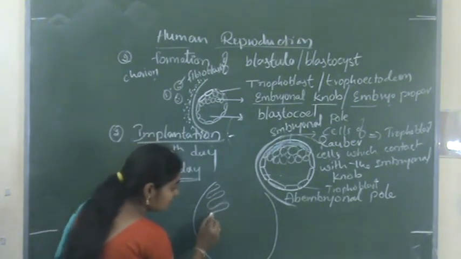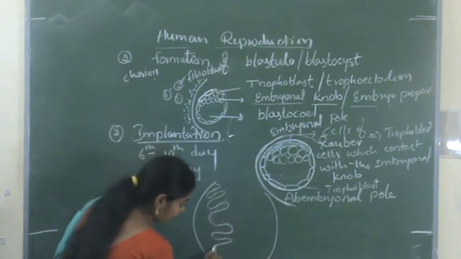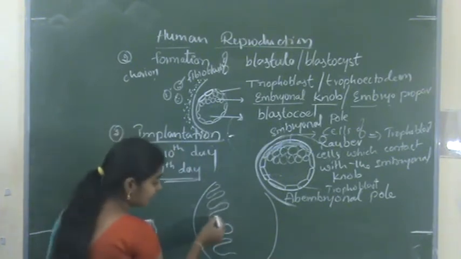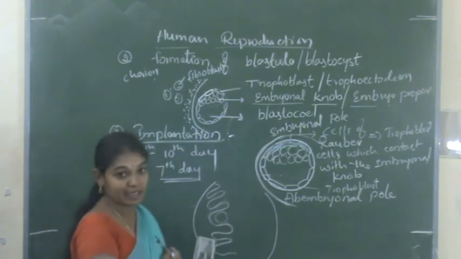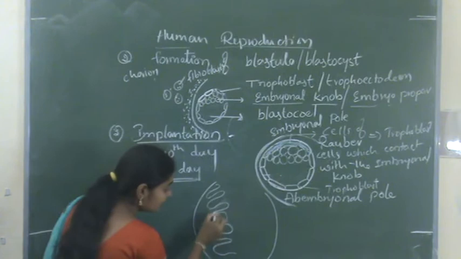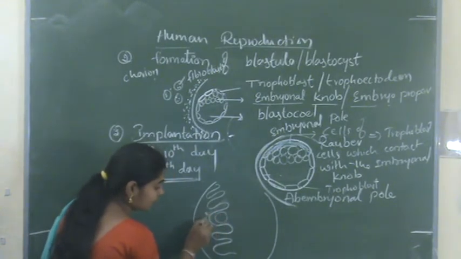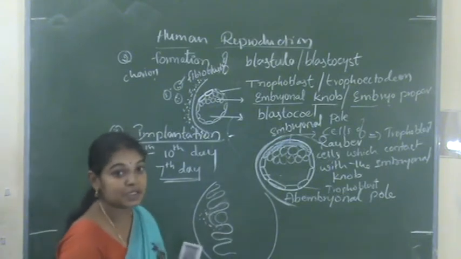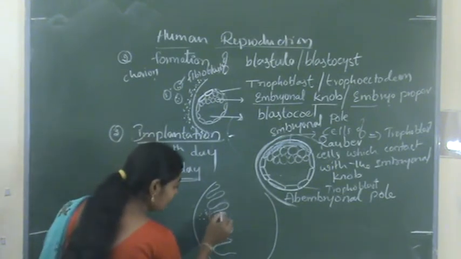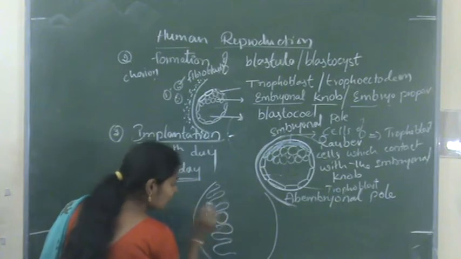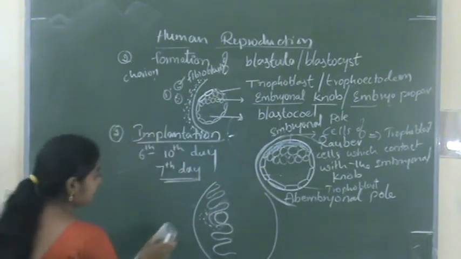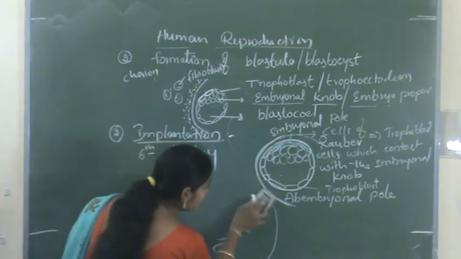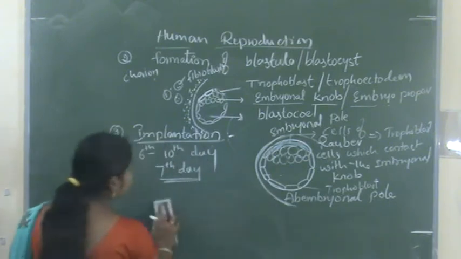And if implantation takes place, the fluid present around the endometrial layer helps in the implantation process, and one reaction is formed, known as the decidual cell reaction.